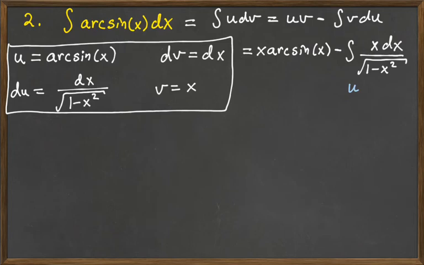All right, so then this second integral, the integral of x dx over the square root of 1 minus x squared, that's just a standard u substitution problem. So u is equal to 1 minus x squared. Differential du is negative 2x dx, okay? So to get an exact match, multiply by negative 2 and then also by negative 1/2.